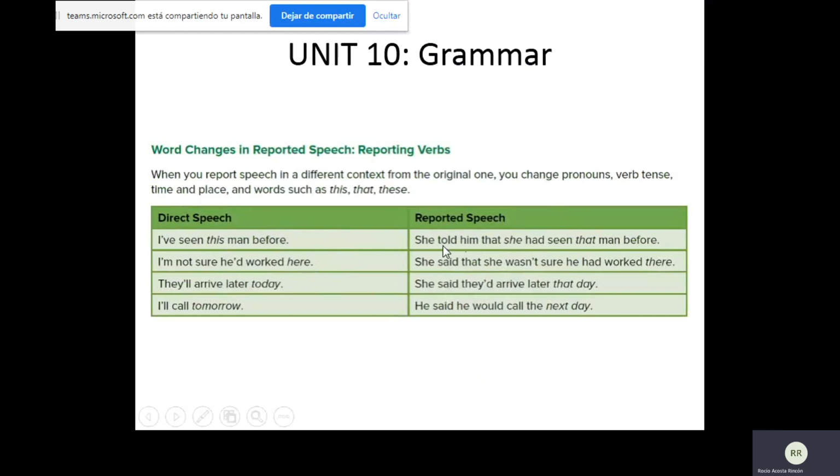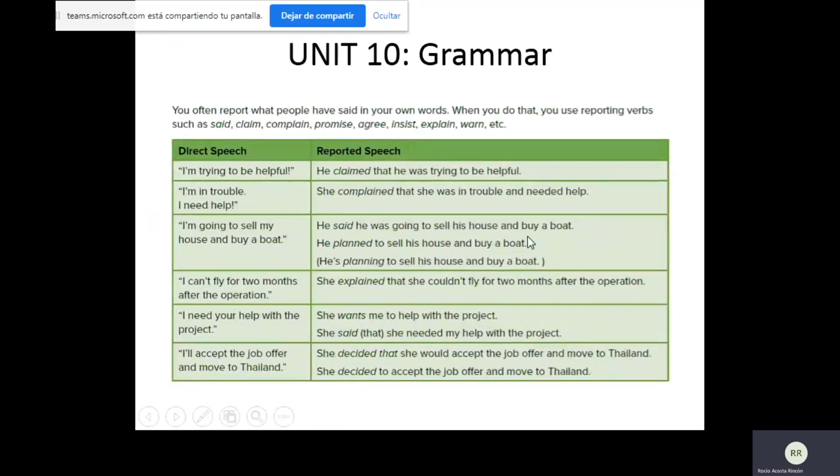For example, she told him that she had seen that man before. If this is in present simple, it changes into past simple. If this is with a future will, we use would. Yes? And the time expressions: here, there; today, that day; tomorrow, next day. So we need to be careful changing pronouns, verb tenses, and words in relation with time and place.